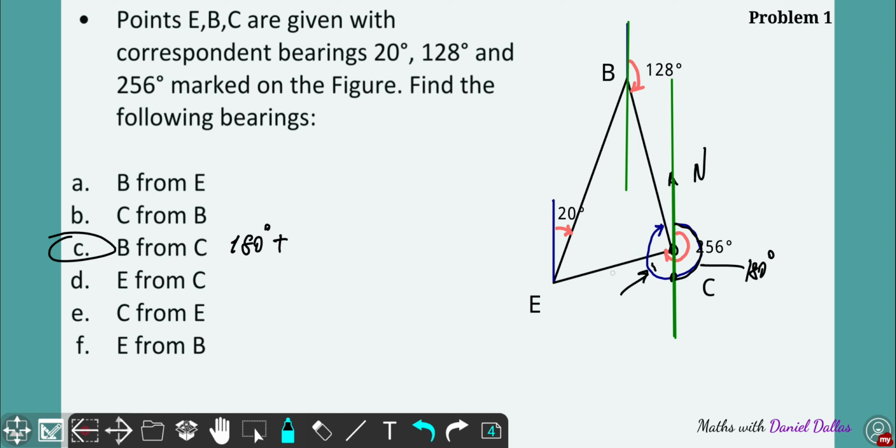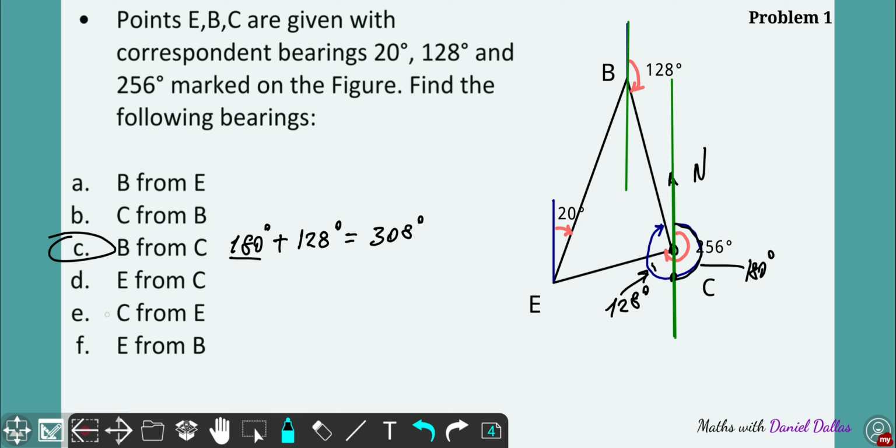So we can say that this blue part is actually 128. So the total bearing is 180 degrees, and we need to add 128. We used the theorem about alternate angles, they're equal; the general idea is two parallel lines and a second line crossing them. So in total we will have 308 degrees if you add them up. Okay, so C is done.